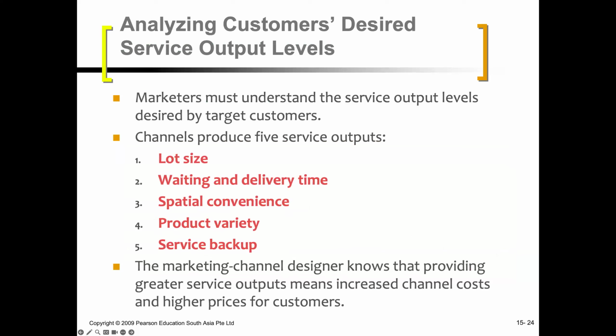The channels produce five service outputs: lot size, waiting and delivery time, spatial convenience, product variety, and service backup. The marketing channel designer knows that providing greater service outputs means increased channel costs and higher prices for customers.